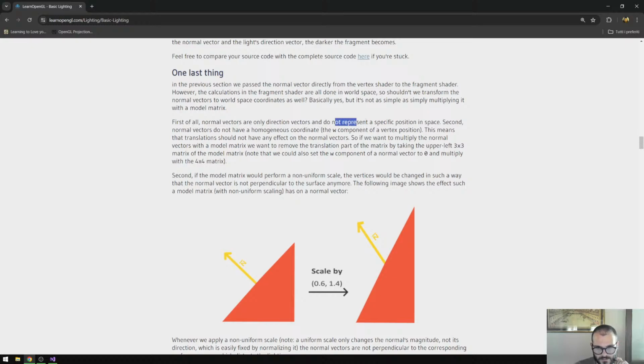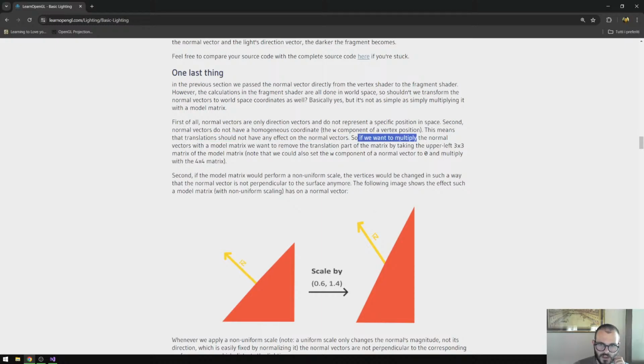But normals are direction vectors and do not represent a specific position. First problem. Second problem, normals do not have a homogeneous coordinate, the W component. This means that translations should not have any effect on the normal vectors.